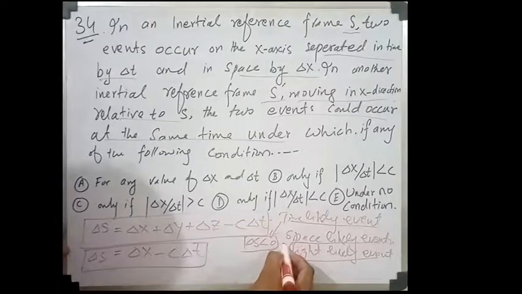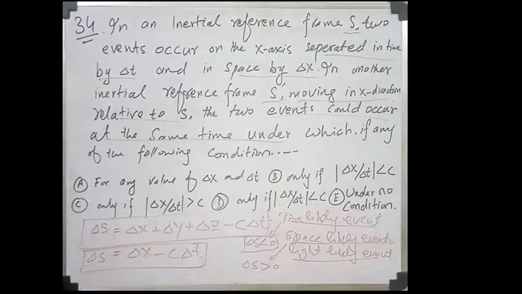For space-like separation, delta S must always be greater than 0, because in this there is no time separation, only space separation, so this term goes to 0. In light-like events, there is no separation in space and time, so delta S will be 0.